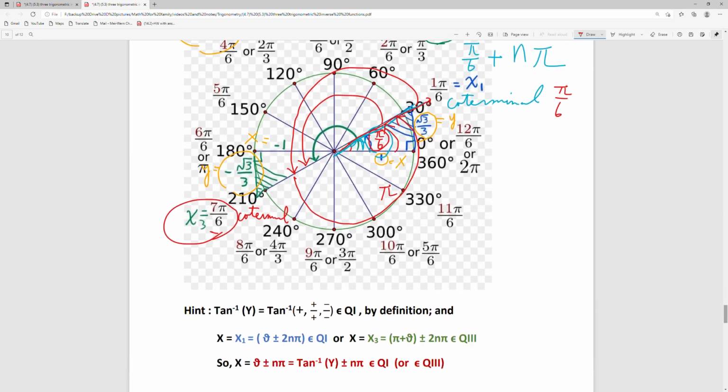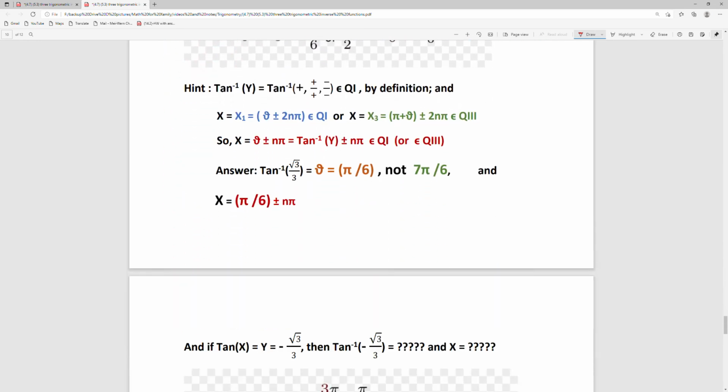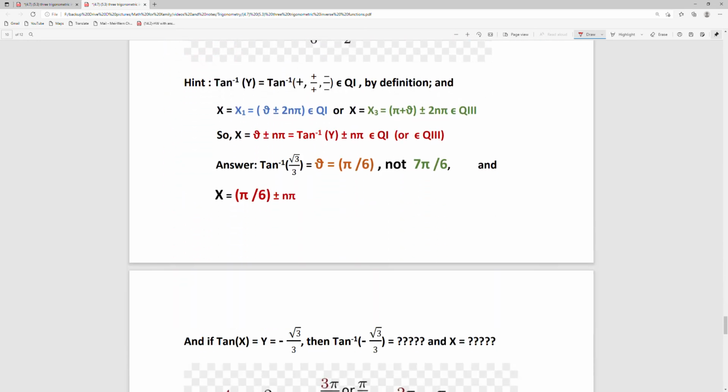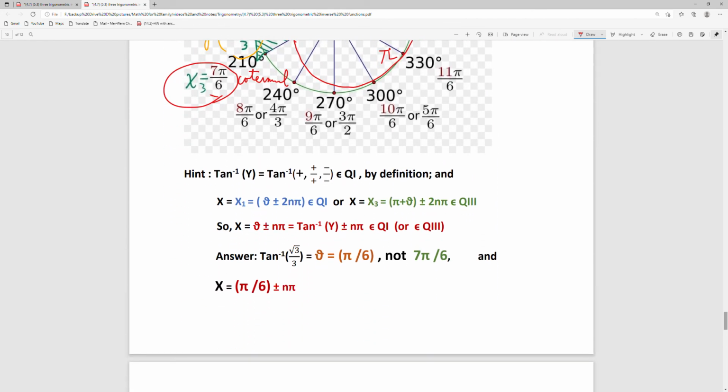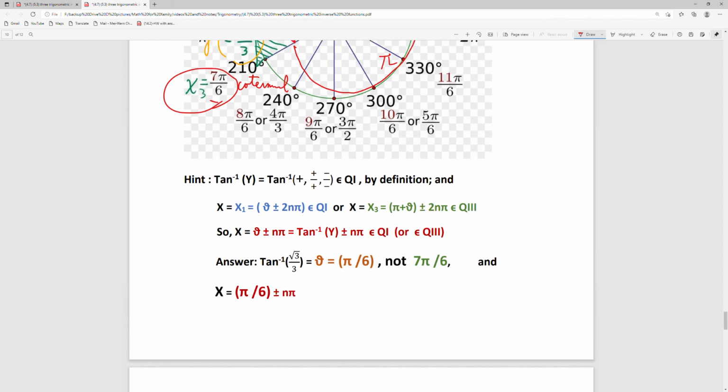So let me show you when you have a negative question, negative square root 3 over 3. For the positive angles, same thing, you don't choose 7 pi over 6, and you have only one group.